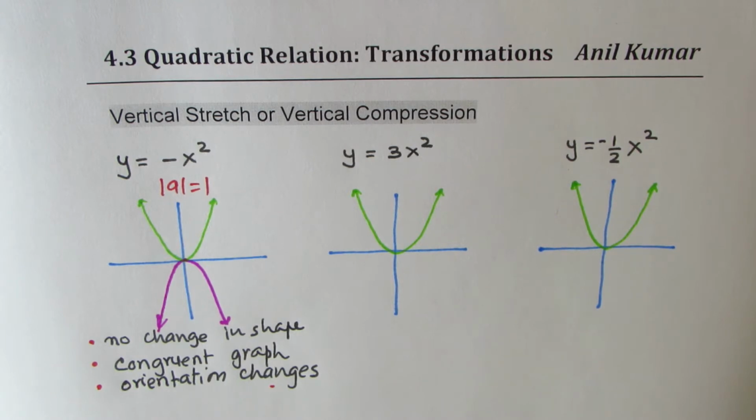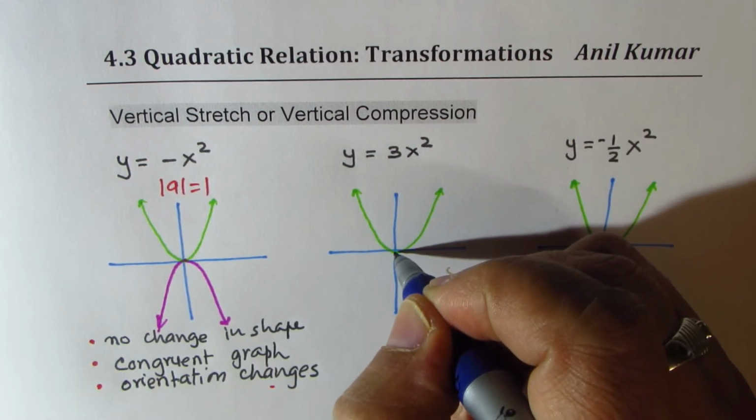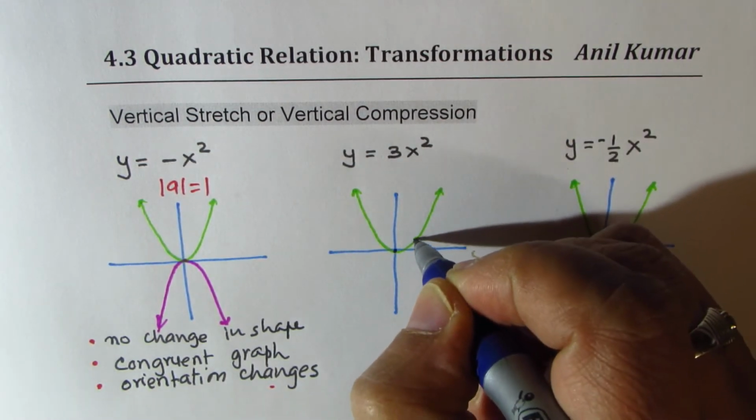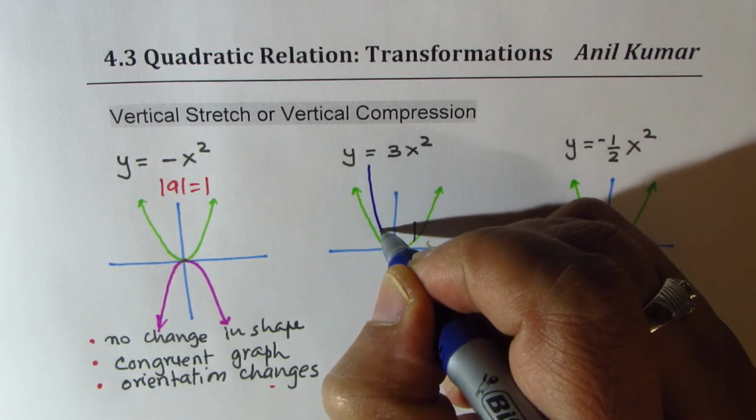That's it. Okay. But when I do 3x squared, then what happens? When I do 3x squared, then the graph stretches, right? So each and every point, 0 remains there, but the other points, they stretch 3 times. So the graph will look like this.